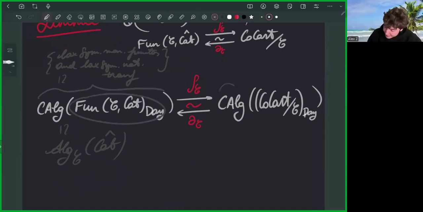But the other side, and that's maybe the more interesting bit. So how to explain the other side. So this co-Cartesian fibrations over C, we have to endow it with a new monoidal structure. So what is this new monoidal structure?